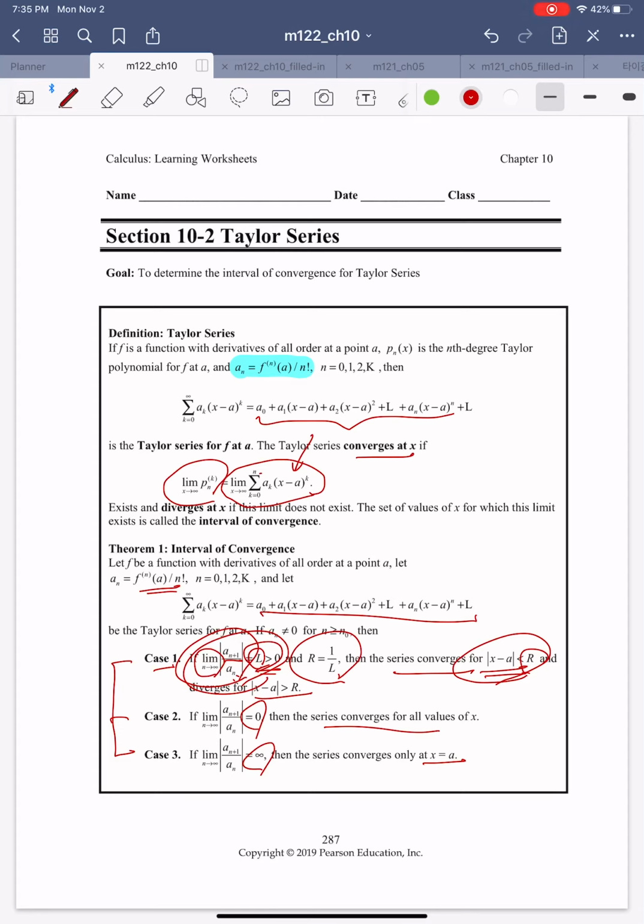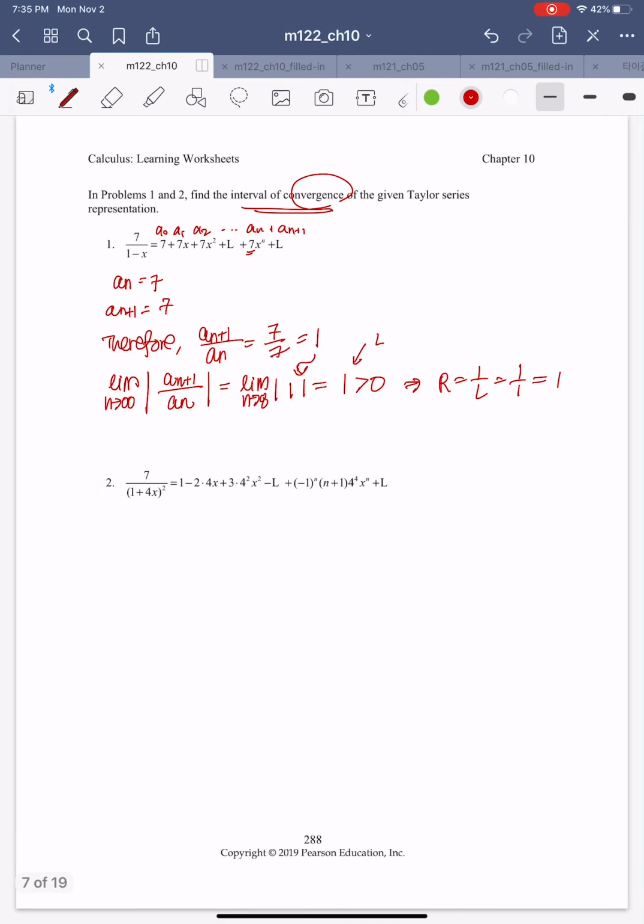The series converges only where the absolute value of x minus a is less than R. So it converges when the absolute value of x minus 0 is less than 1.